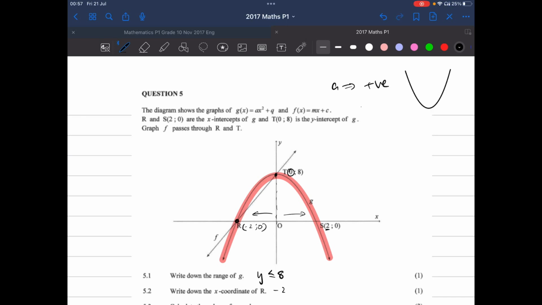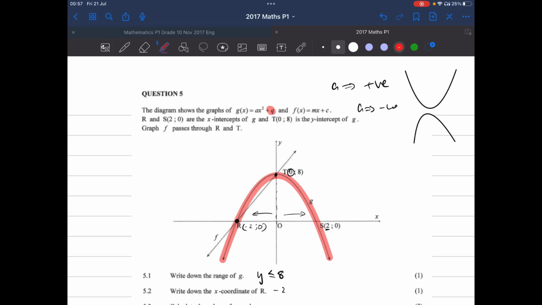If a is negative, we'll have a sad parabola, or a concave down parabola. It also determines how skinny or how wide the parabola is. So that's a.